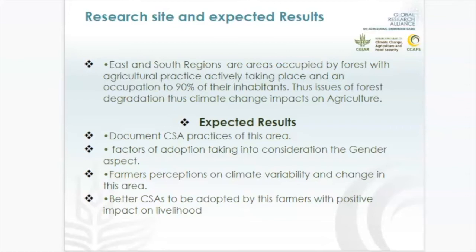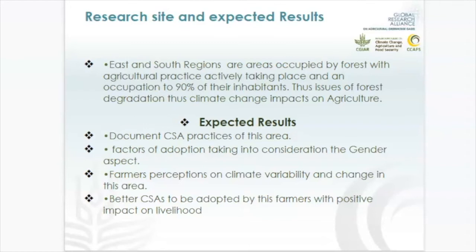Now, we'll have data at the end on climate-smart practices practiced in this area. We'll also have data on the factors limiting the adoption of these practices, not leaving out the gender aspect. We'll also have information on their perception on climate variability, because the way I perceive climate is not the same way somebody from another place will perceive climate.